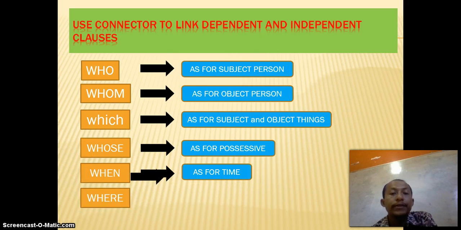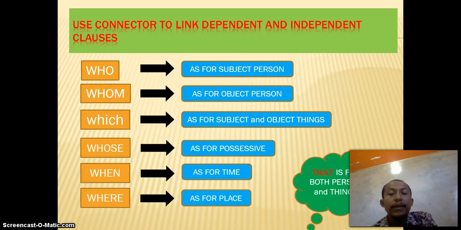Where replaces places. That is for both persons or things.